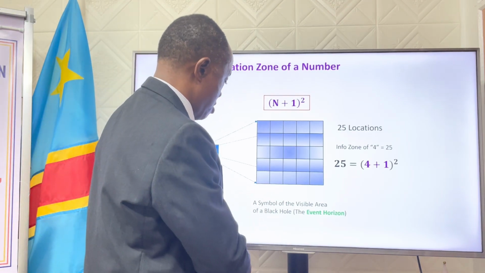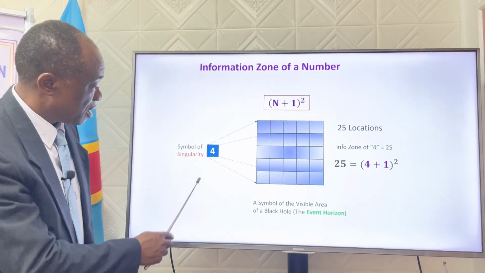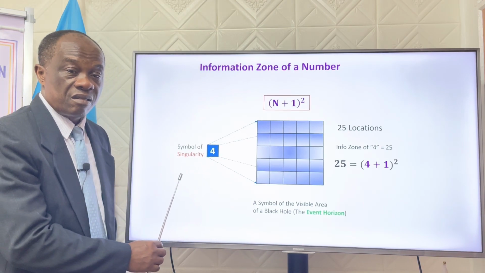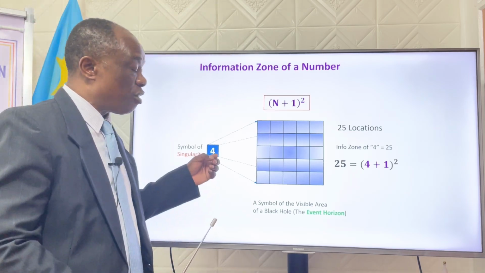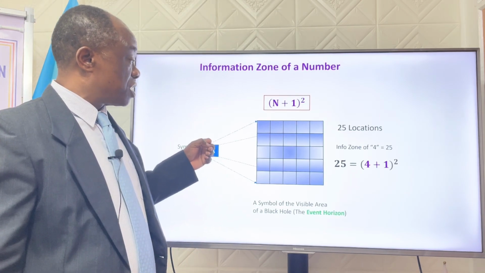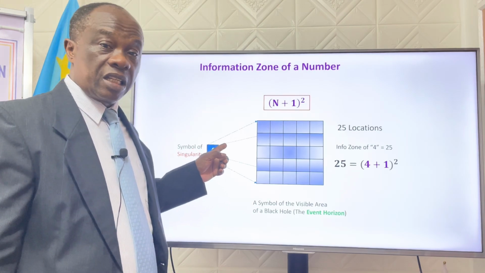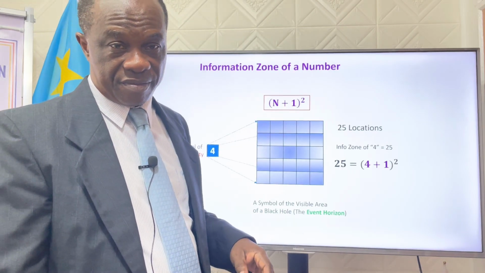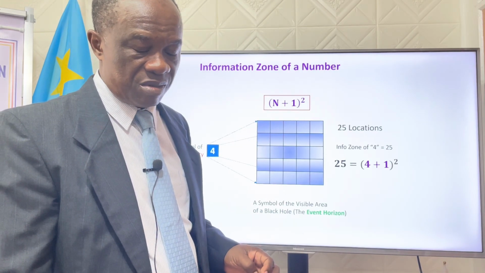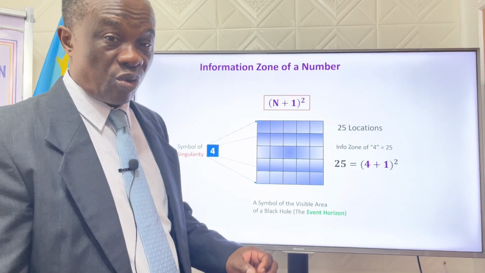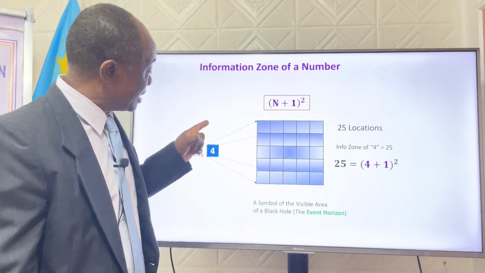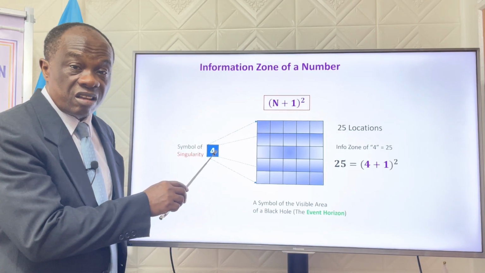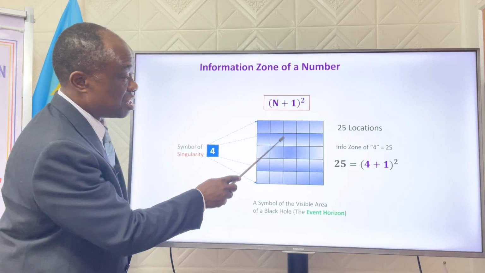So the number 4 represents or symbolizes the singularity of number 4. Because to do this, number 4 in reality cannot be in 25 locations. It is not practical. That's the truth. But 4 will use its singularity in order to be in this location.